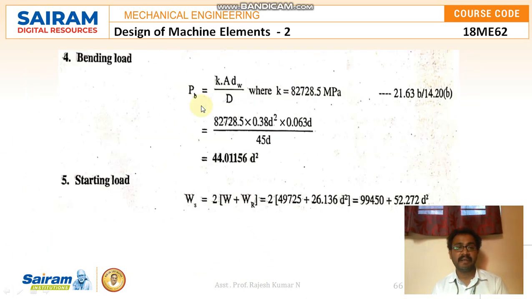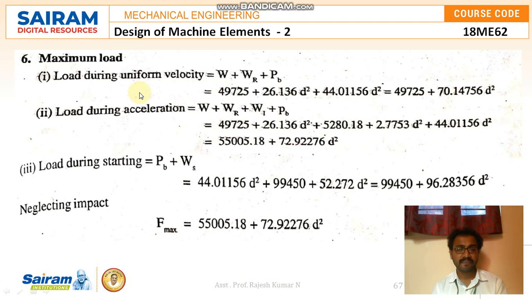Then the next step is bending load. This is very similar to the previous problem we discussed, except the first portion, that is the acceleration and deceleration time. So bending load, if you substitute, I'll be getting PB in terms of d square, that is 44.011 d square, and starting load W is equal to 2 times W plus WR. So the value is 99450 plus 52.272 d square.